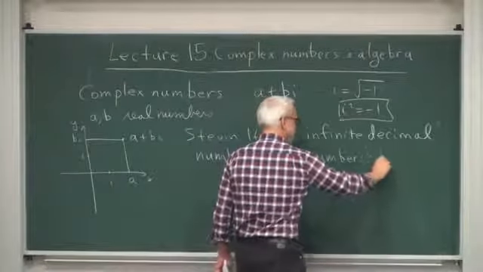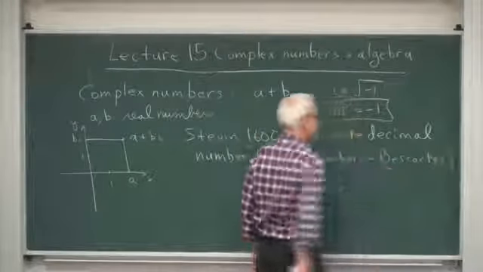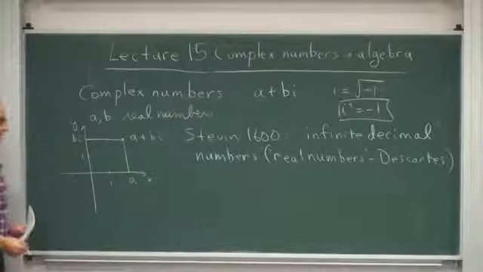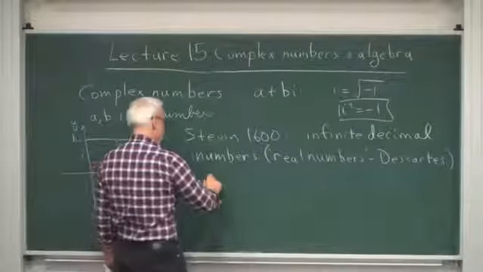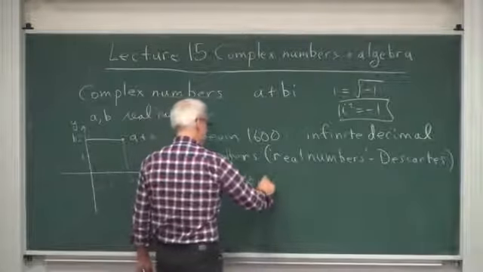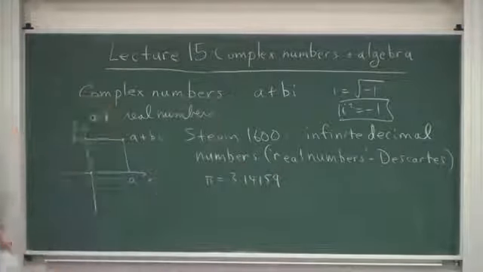And I think that notation goes back to Descartes. Infinite decimal numbers in the usual way, so something like pi is 3.14159, etc., and it goes on in some fashion.